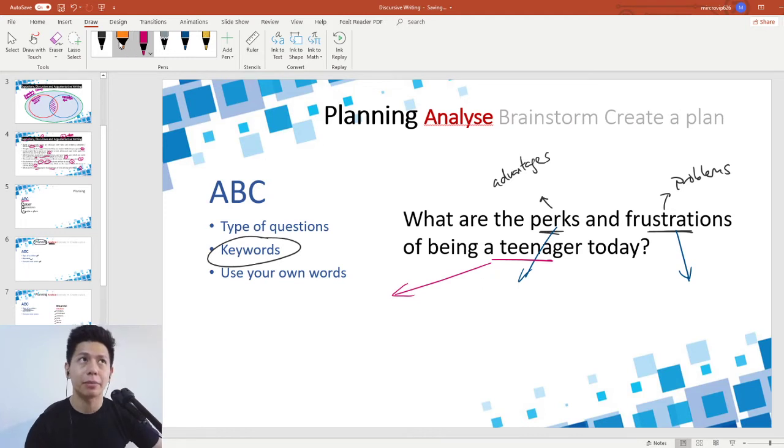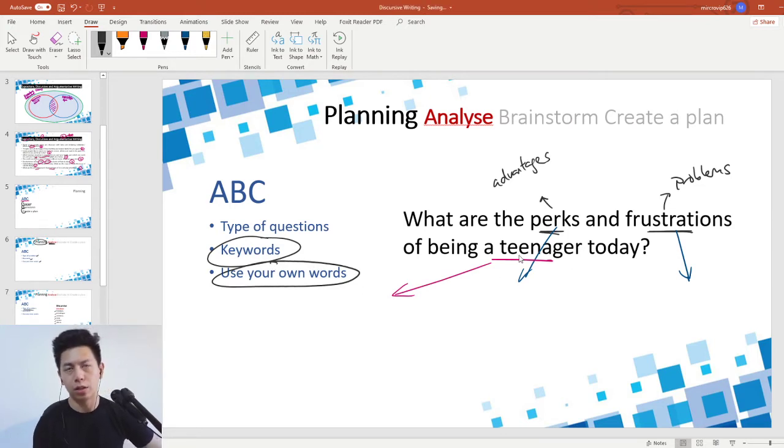The next step is to use your own words to paraphrase some of these words. Why do we want to use our own words? When you are writing the essay, you will use these words over and over again. To prevent sounding very repetitive, you want to, as much as possible, use a variety of words.